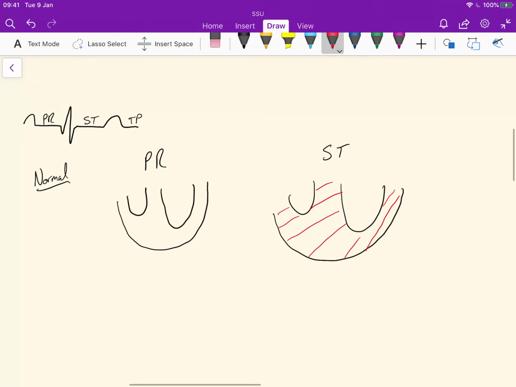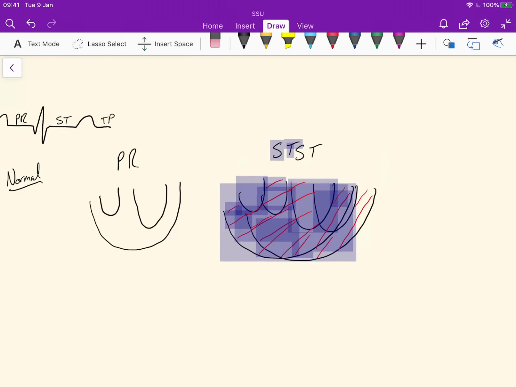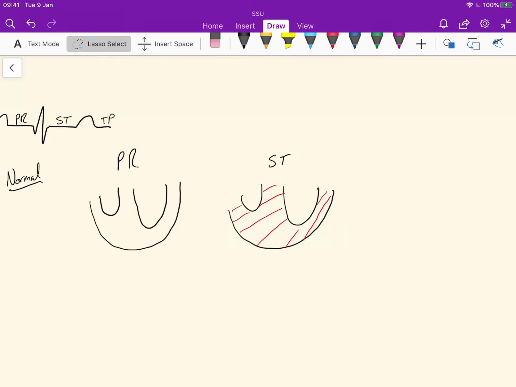I'm going to make that a little bit smaller and move it over. And in the TP segment, the heart is back again to being repolarized.